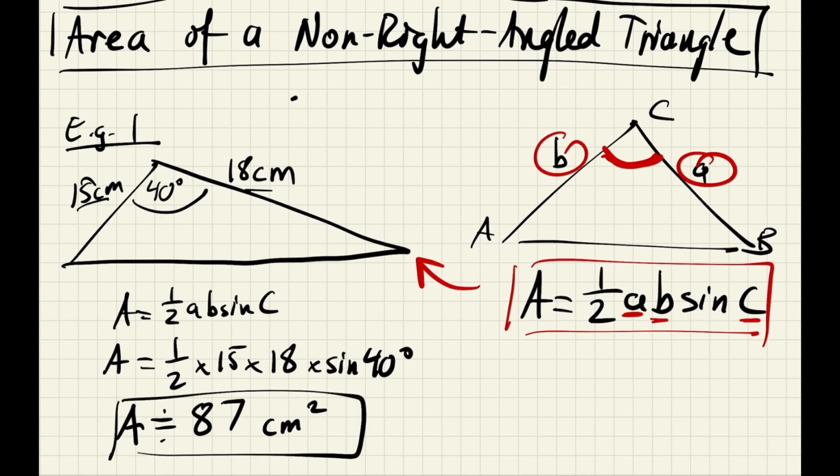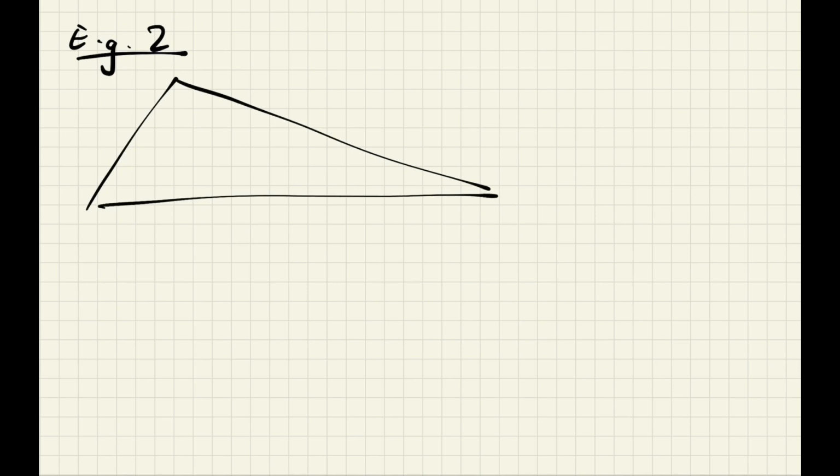Excellent. Now, the critical thing about this formula is that the angle that we substitute must be between the two sides that we know. Let's do an example where this isn't the case, and we're not given a nice diagram where we have the correct angle. So let's consider this example. Let's say we know this is 40, this is 30, perhaps this is 80 degrees, and this is 50 degrees, and we need to find that triangle's area.